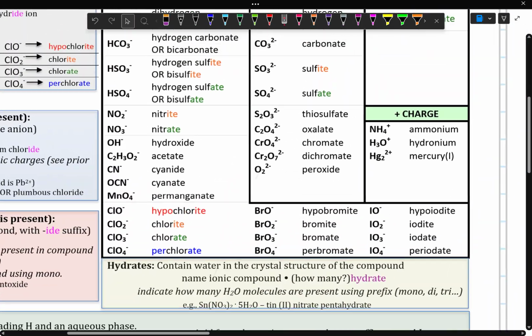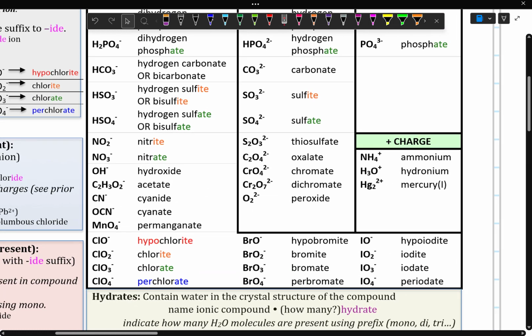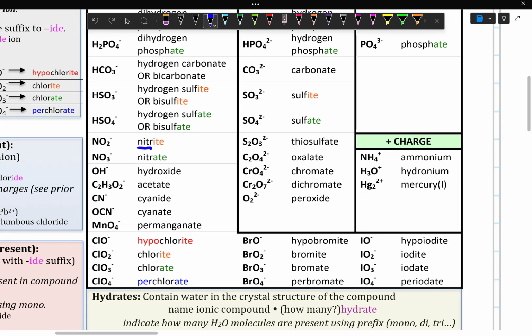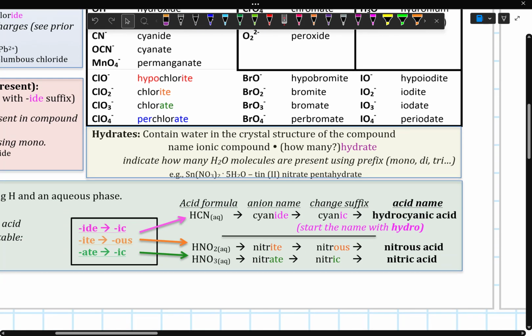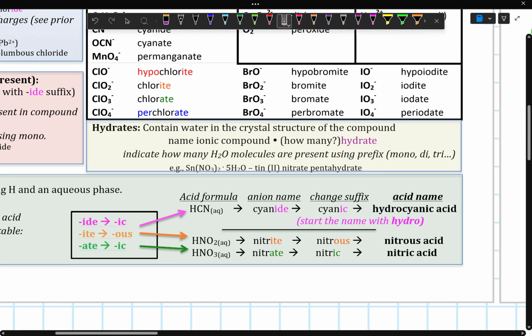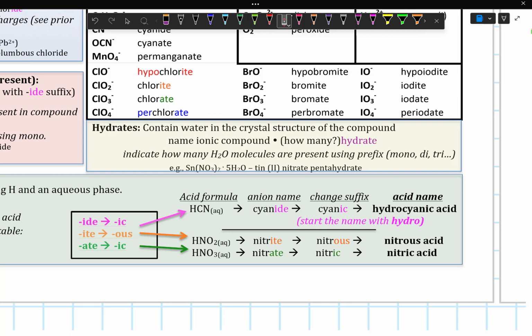Let's look over here. We have two options, and as we can see, we have an option for nitrate. And we know that when we have an ate, we always use the ic suffix.